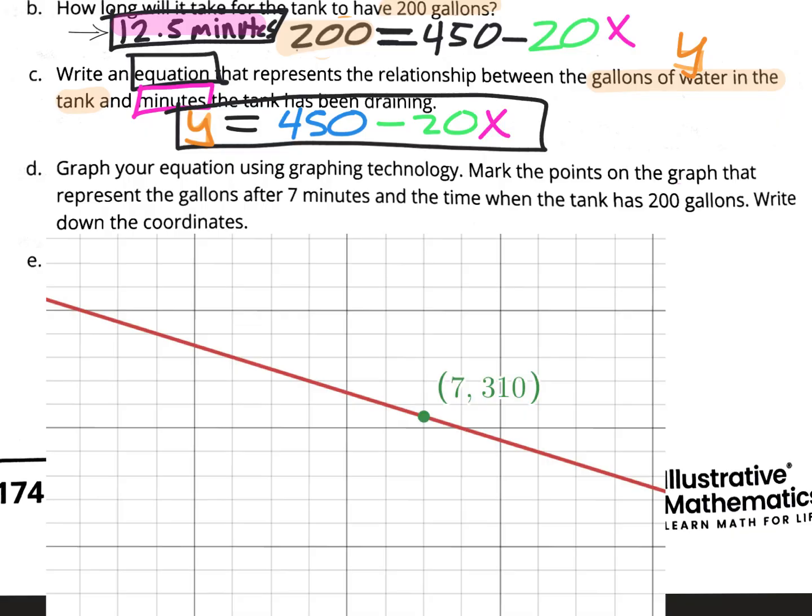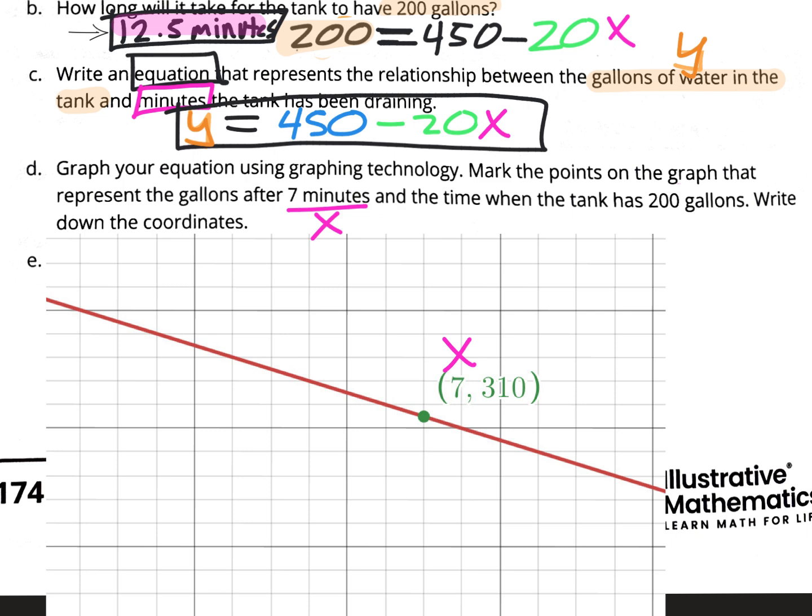For part D, it says graph your equation using graphing technology and mark the point where after 7 minutes. Well, remember that 7 minutes is your x. So this is your x on the graph.